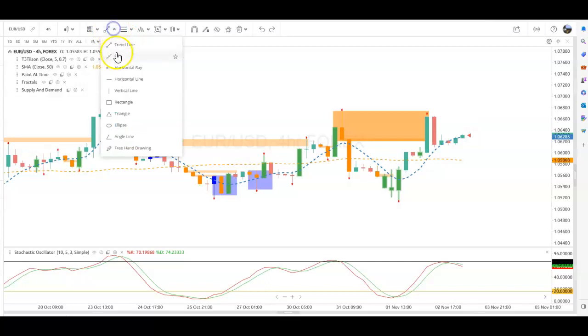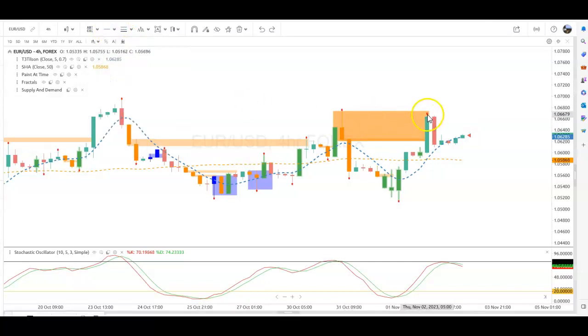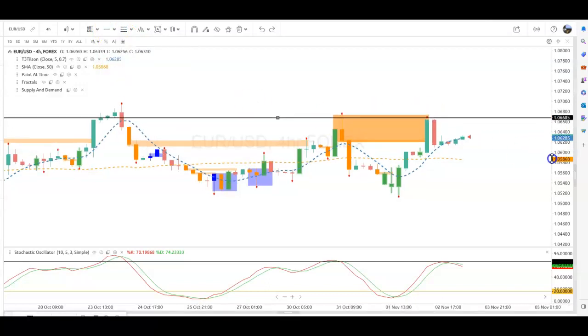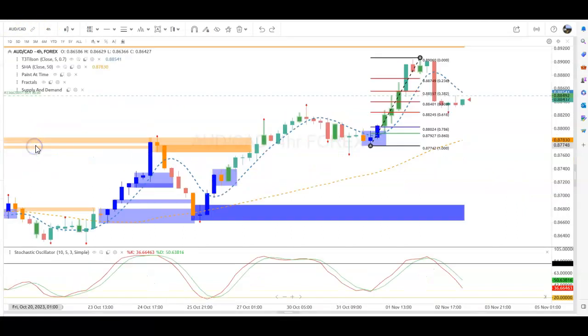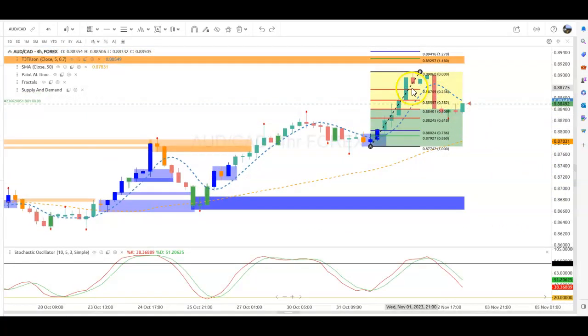Unless it can break this level of resistance, most likely it's going to retest the zone, turn around and head south.